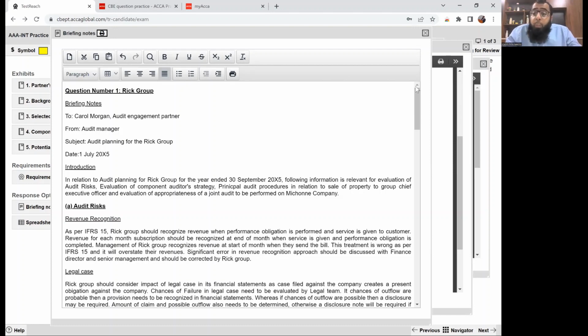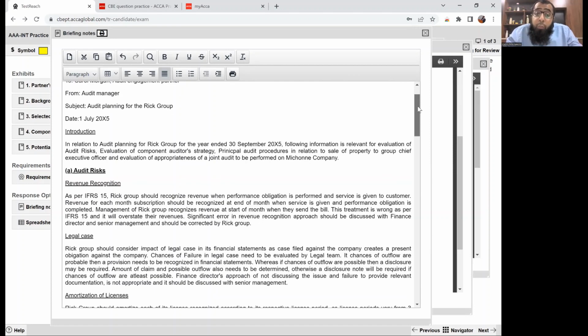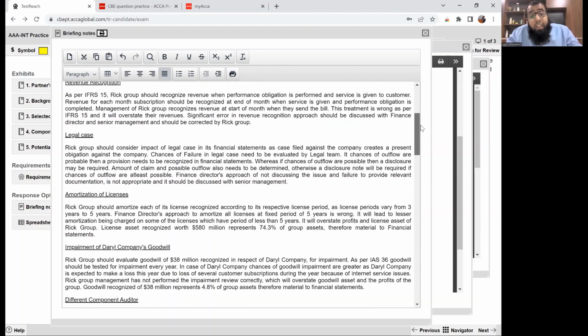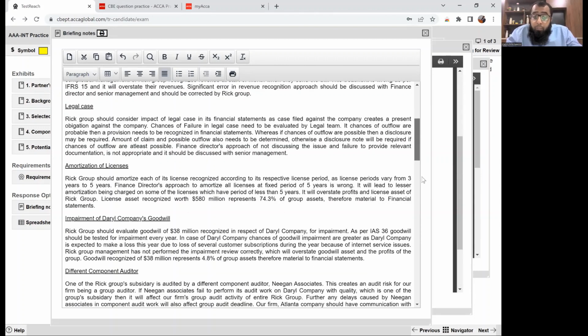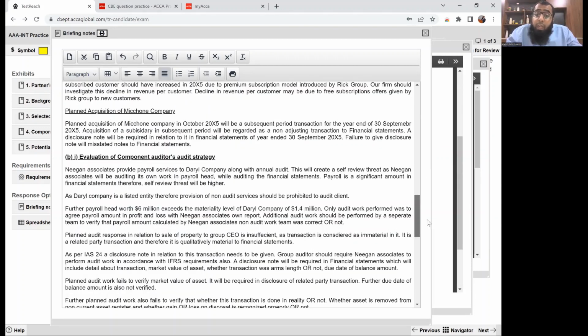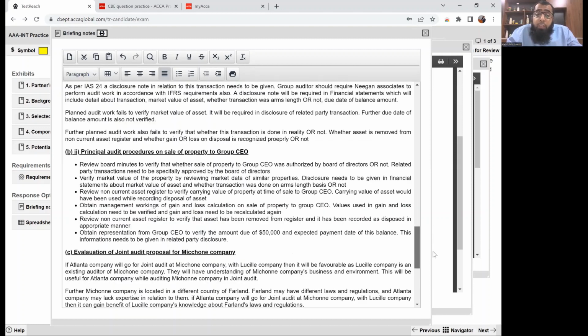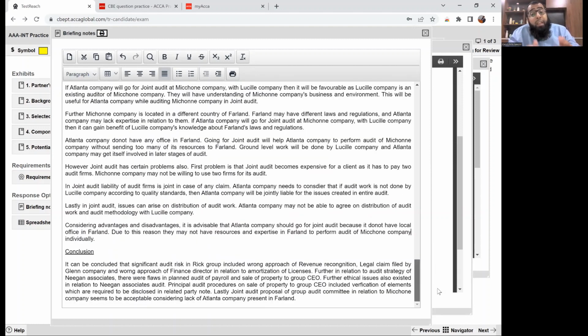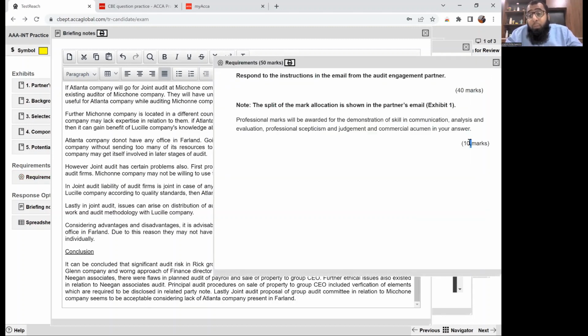So if you look at it, we started with the briefing note, we wrote introduction, I drafted each and every audit risk with you. We evaluated the audit strategy, we looked at principal audit procedures, we evaluated joint audit, and then we also wrote the conclusion, since now there are 10 professional marks. So you need to understand that your structure, your communication, your coverage of the question, your evaluation, you have to make sure that each and everything is covered.